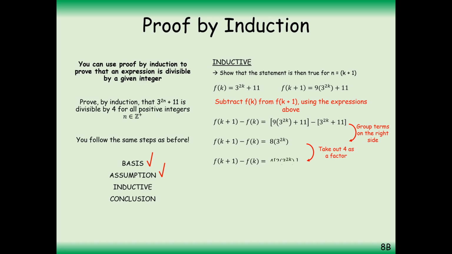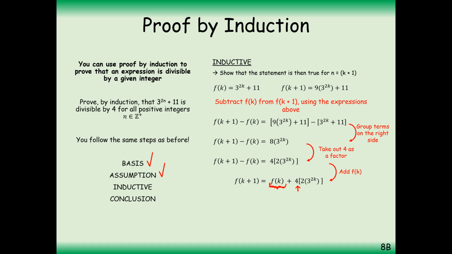So we can add it to the right hand side and write f of k plus 1 like so. By assumption, we know that f of k was already divisible by 4, and this term here has a factor of 4 in front of it, which makes it obvious that it is another multiple of 4.